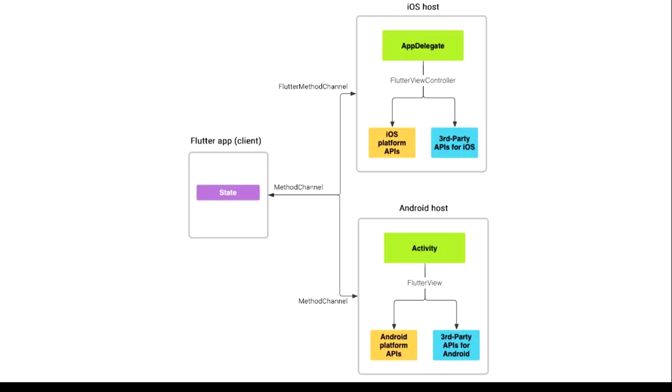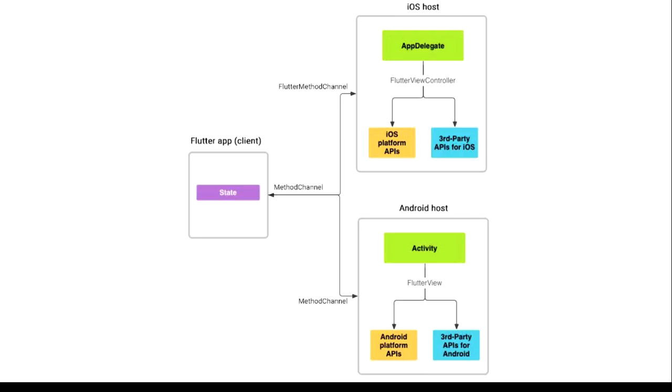So you will do some research, and you will create some function in maybe Swift and Objective-C for iOS, in Kotlin or Java for Android, and you have these two pieces of native code. With your Flutter application, one part of the project will be an Android project, and one part of the project will be an iOS project.